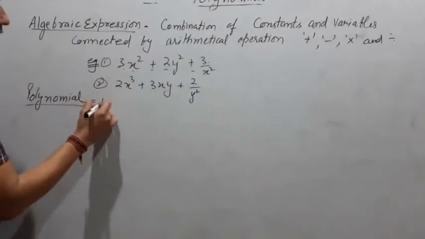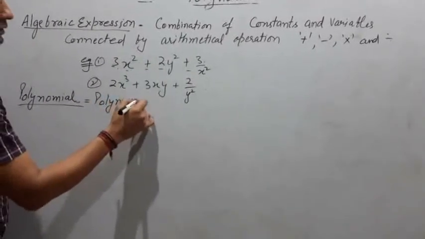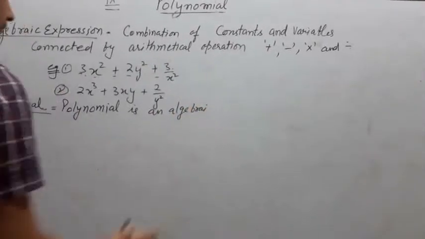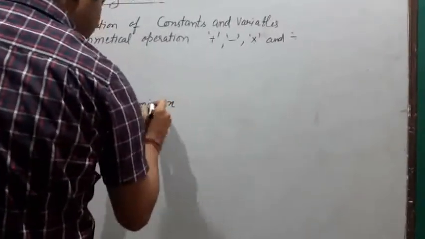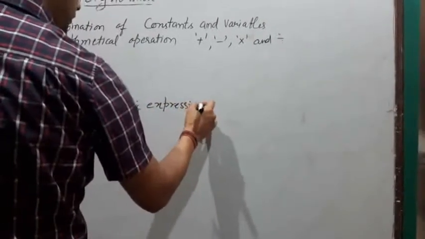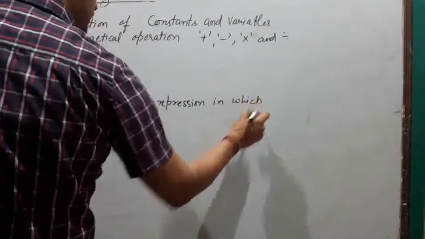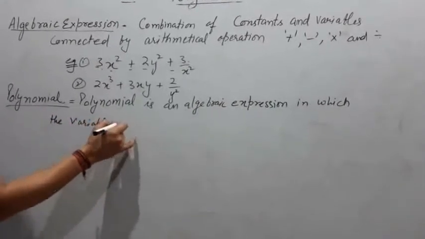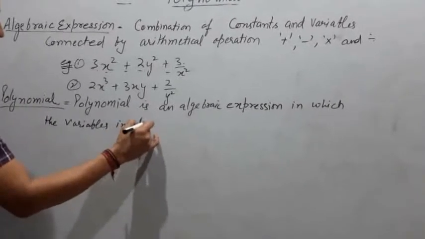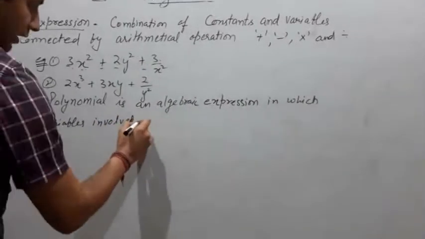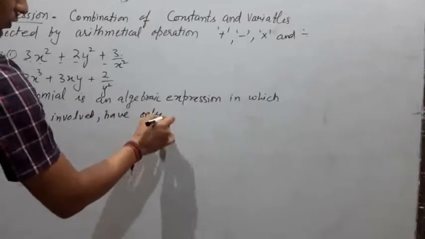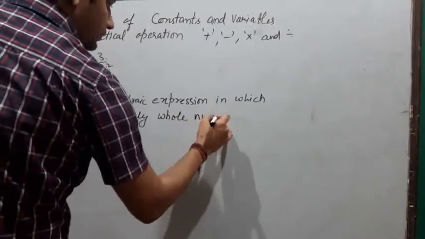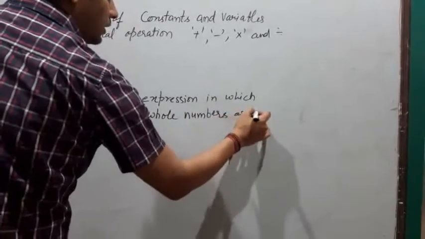Polynomial is an algebraic expression in which the variables involved have only whole numbers as an exponent.